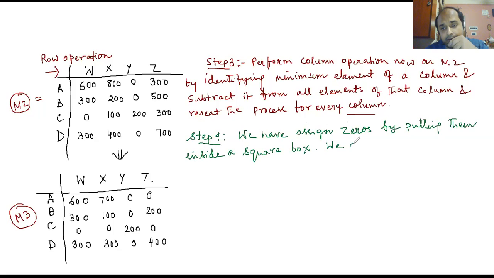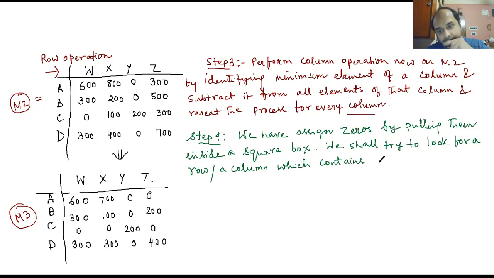We shall try to look for a row or a column which contains a single 0, and we assign it.